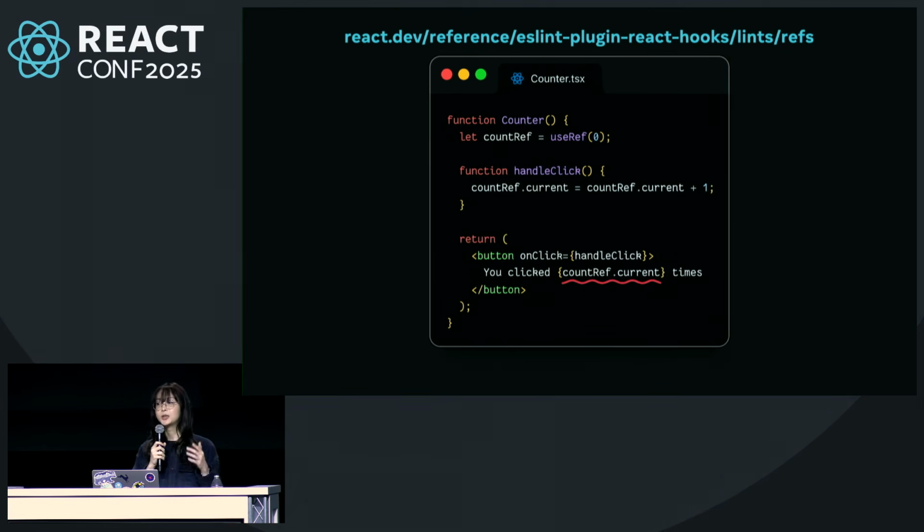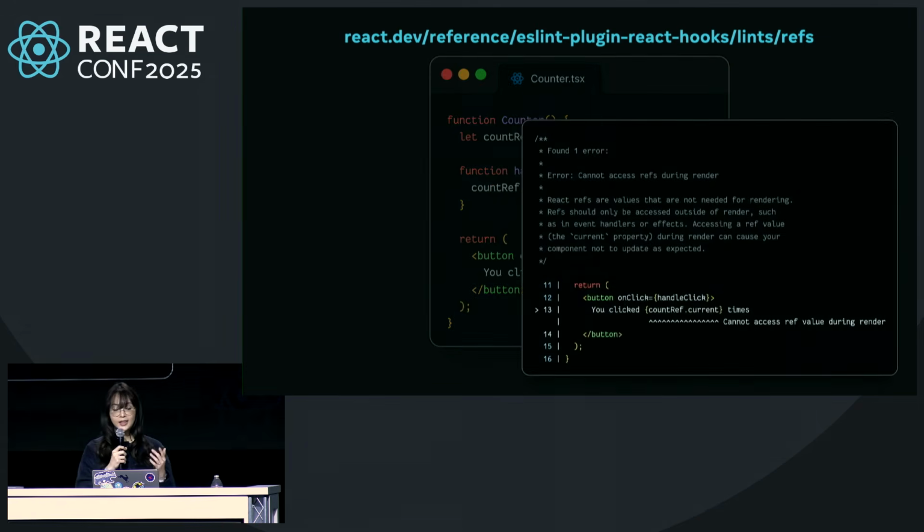But since React doesn't know when the ref changes, even reading it while rendering can cause some unexpected behavior in your component. And this is another case where the compiler can detect this pattern and tell you that, hey, you've accessed the ref during render, and that you probably shouldn't do that, or you'll be arrested by the cat.